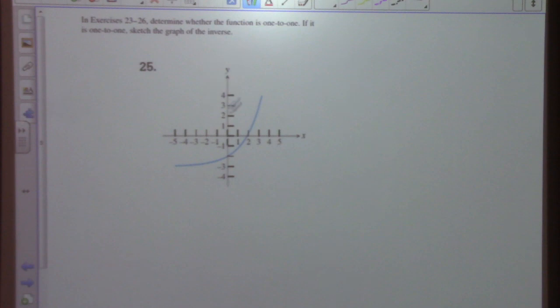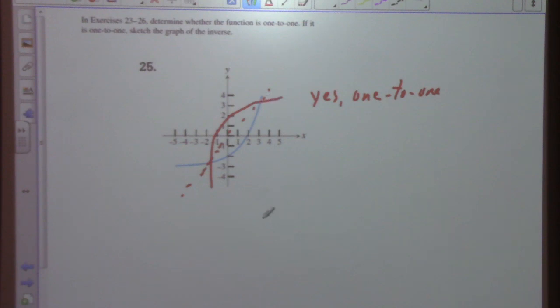And then this 25, is this a one-to-one? Yes. One-to-one. And then what does that look like? Well, it's got to look like this.